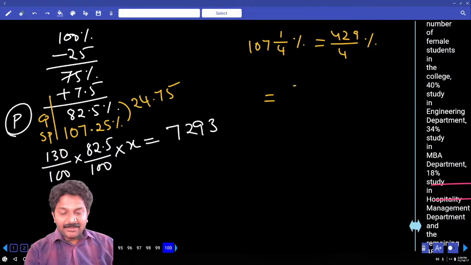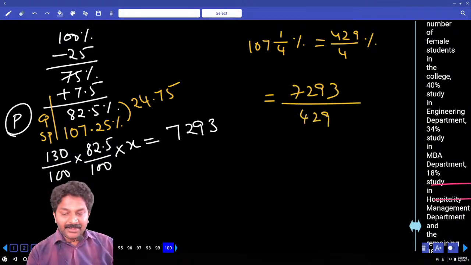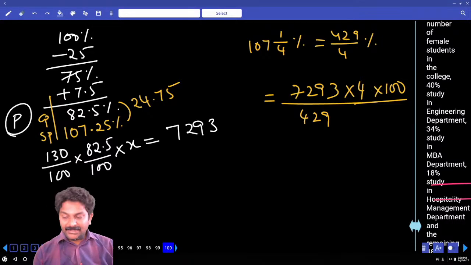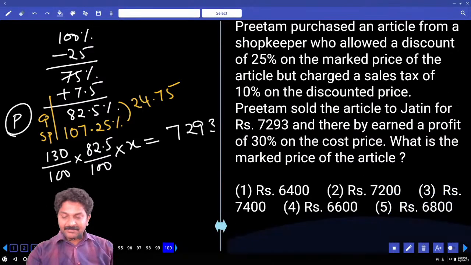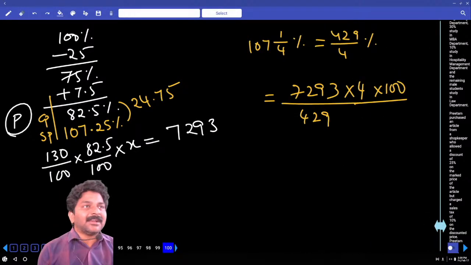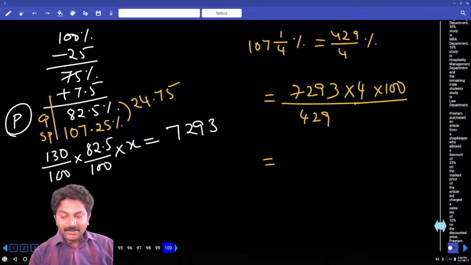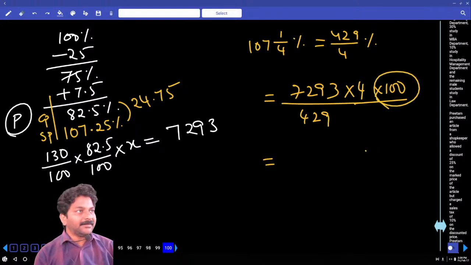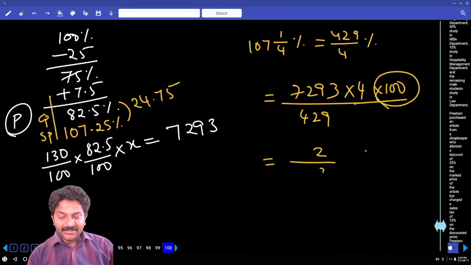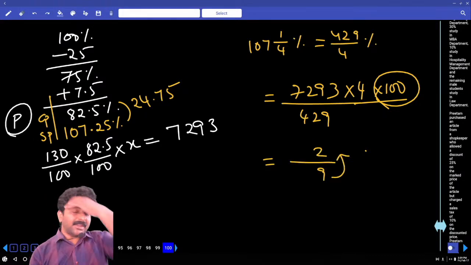Then 1% value is equal to 7293 divided by 429 by 4, which comes to the numerator. We were asked to calculate market price, that is into 100. Is this approximate or exact answer? Exact. In the numerator we have 2 zeros, forget about it. 3 into 4 ends with, and denominator ends with 9 into which number ends with 2? 8.